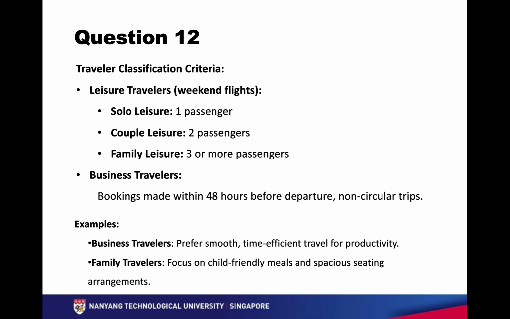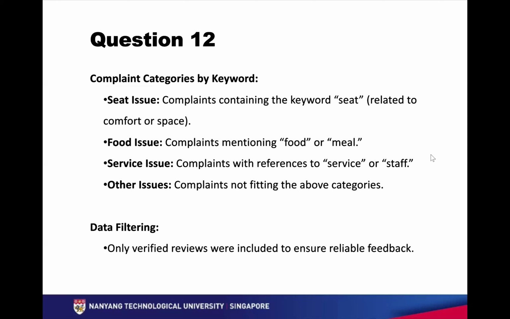By segmenting these travelers, we can better understand their distinct preferences. For example, business travelers prioritize a smooth and productive experience. And family travelers care about comfortable seats and child-friendly meals. Next slide, thank you.